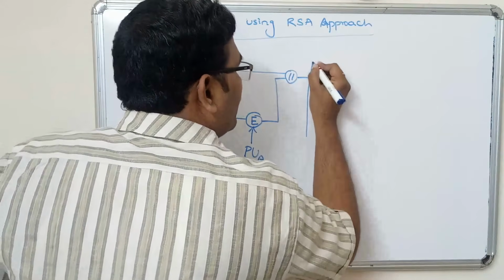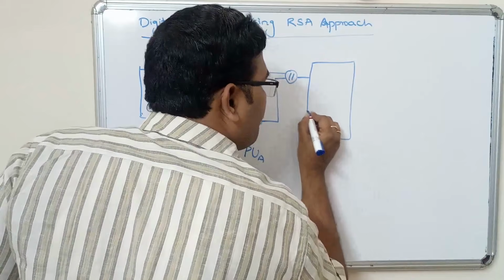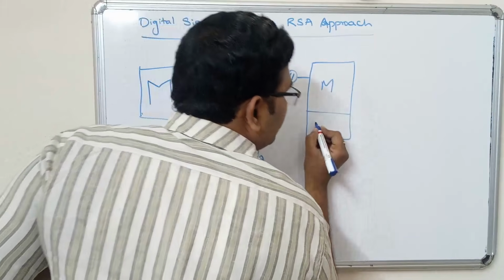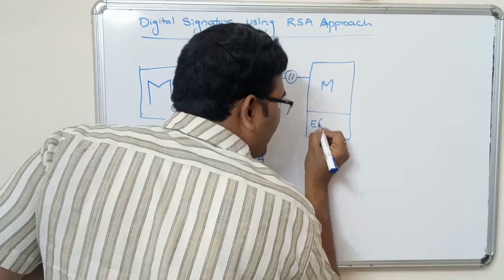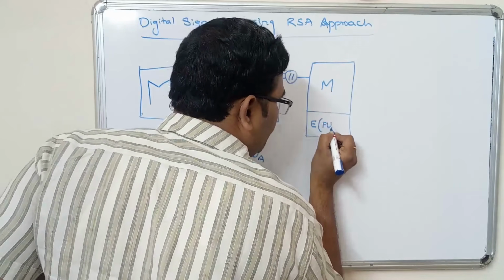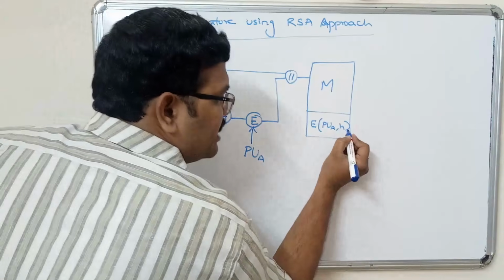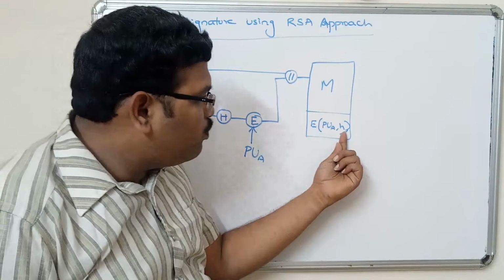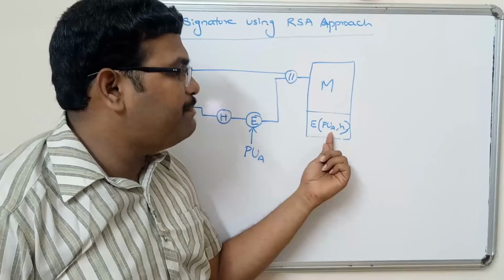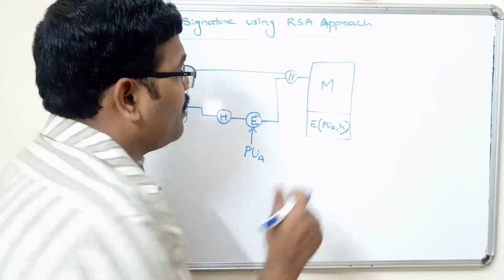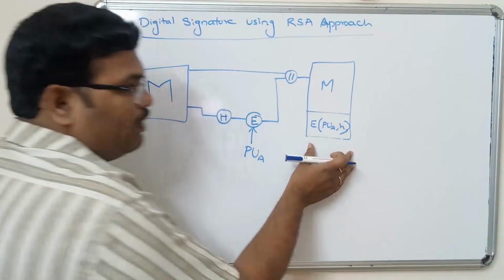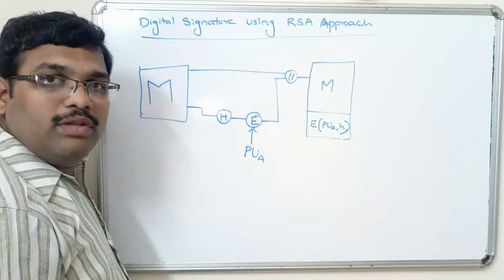So that we get the plain text message, and this is the encrypted hash code using PUA. This representation is the hash code encrypted using the public key of A. This will be sent to the receiver.